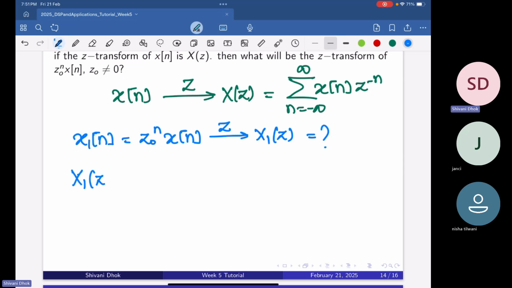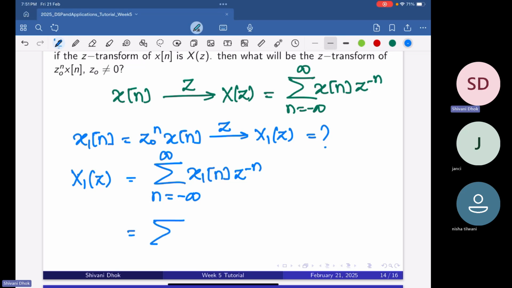So x1 of z by definition will be summation n running from minus infinity to infinity x1 of n into z to the power minus n. This is equal to summation n running from minus infinity to infinity z naught to the power n into x of n into z to the power minus n.